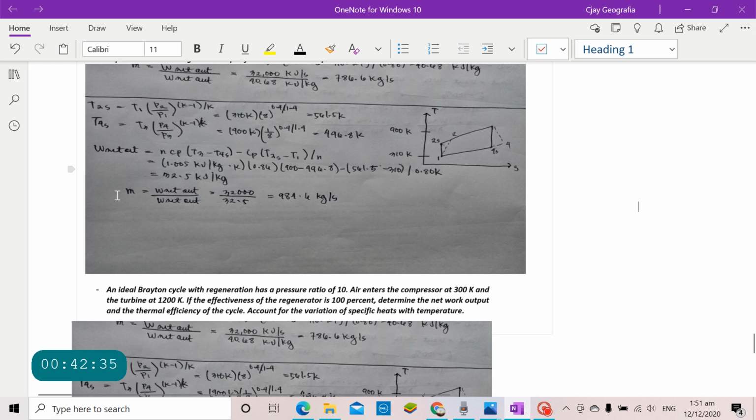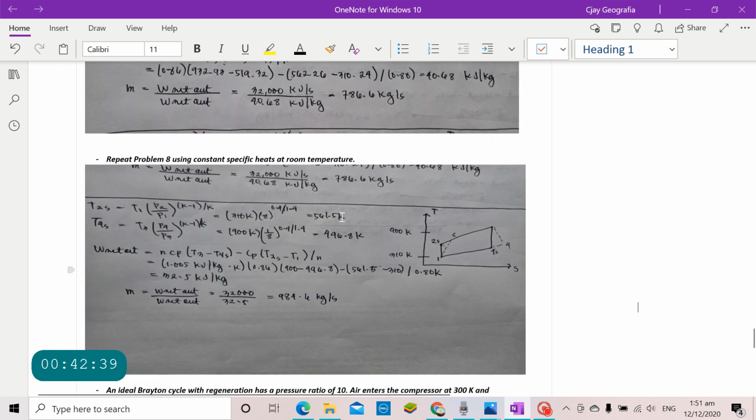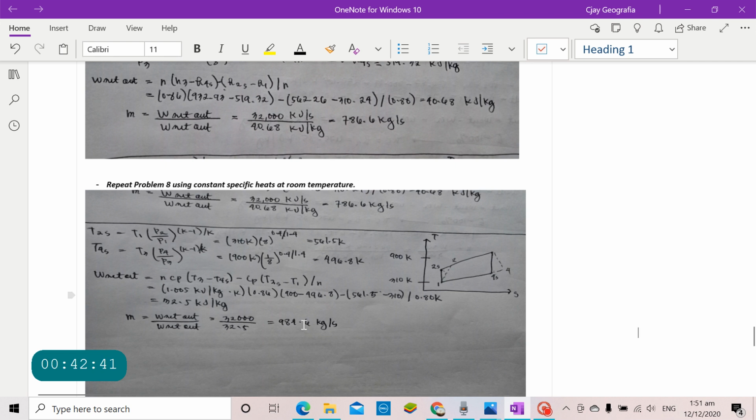So you have to use mass. There is a kind of difference in the masses here: this one is 796, while this one is 984.6. This mass is increasing because of the constant specific heats at room temperature.